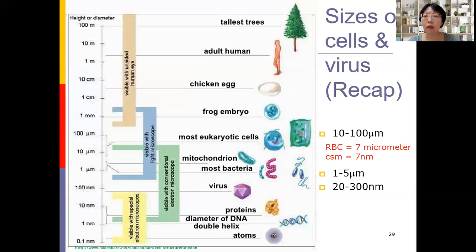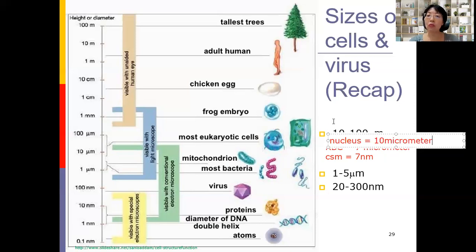Then what about 10 micrometers? The size of the nucleus is 10 micrometers, which is very easy to remember, isn't it? Because if a cell contains the nucleus and the cytoplasm of the cell is so thin that you almost cannot see the cytoplasm, isn't the size of the cell about the size of the nucleus, which is 10 micrometers?